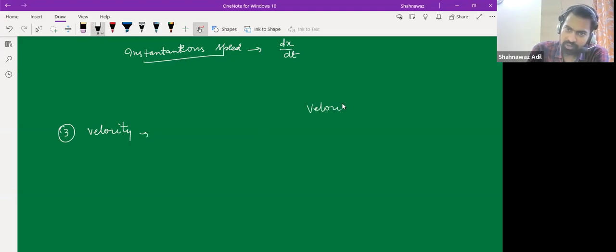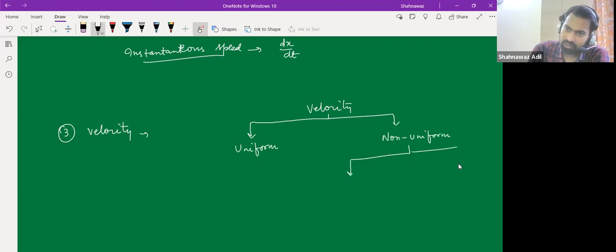Velocity is uniform and non-uniform, and the non-uniform is average and instantaneous.